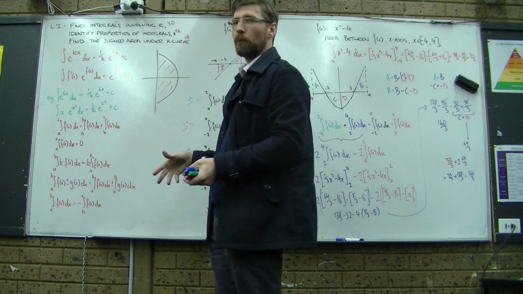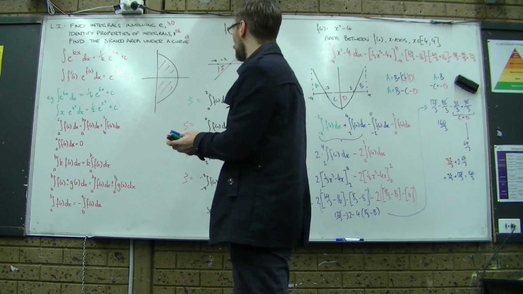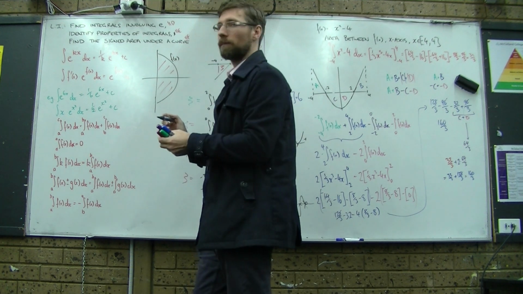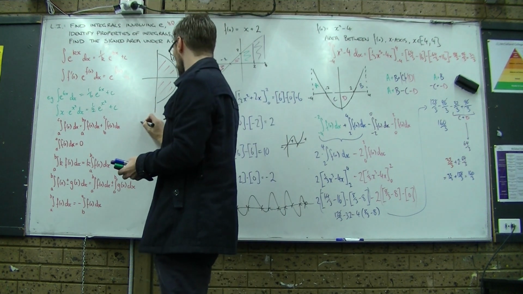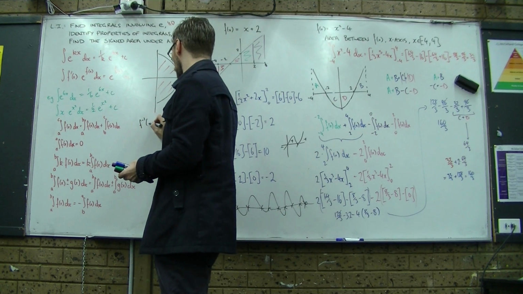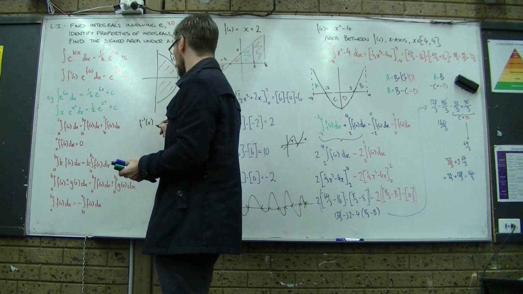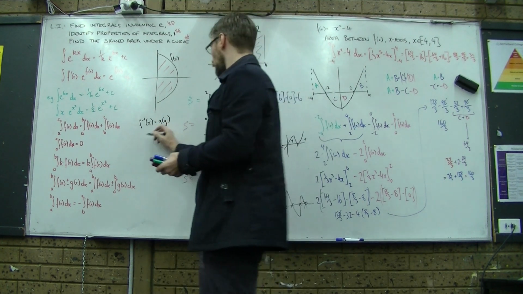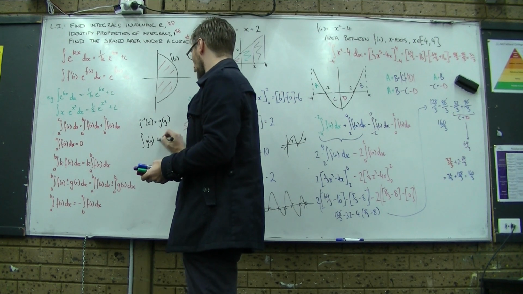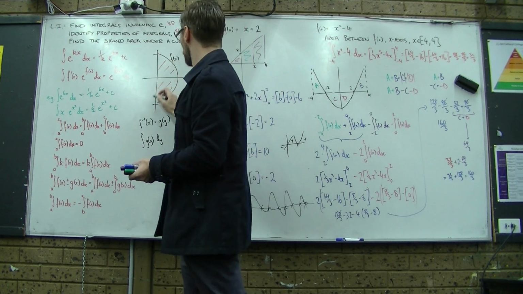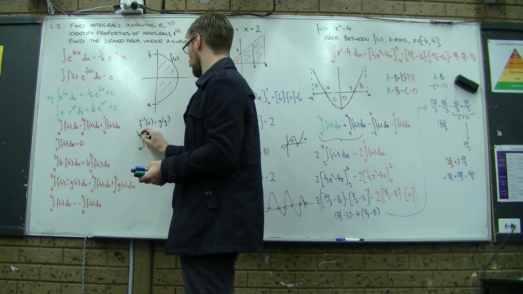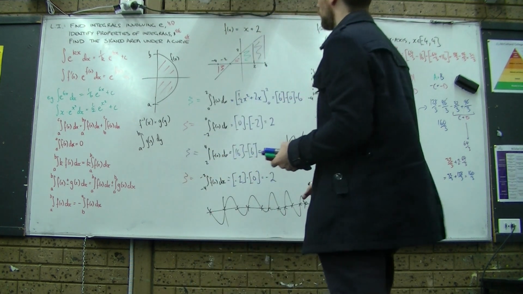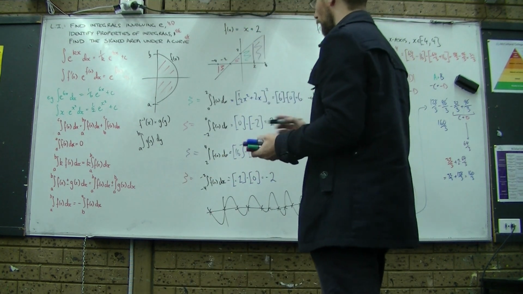But if it wasn't perfectly symmetric, then you'd have to go, all right, say this is f of x, then you'd have to switch it into f inverse of x, which I'm going to call g of y, and then you integrate g of y with respect to y between the limits. I think I've got that the right way around. Yeah, I think that's right.